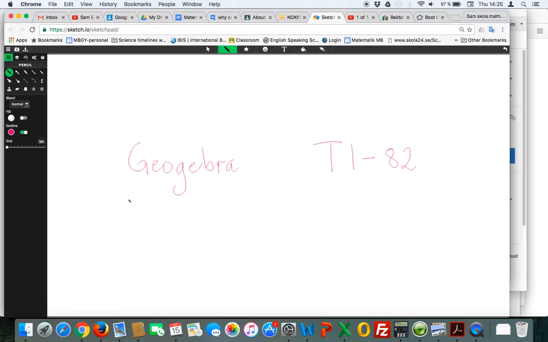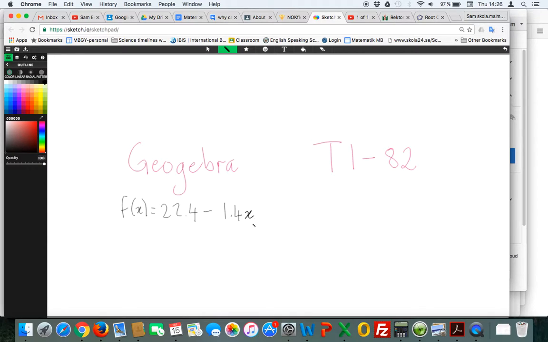So we have a function f of x equals 22.24 minus 1.14x, and we might be asked to find the root or the x-intercept. You might even hear it be called the zero of the function of f of x.